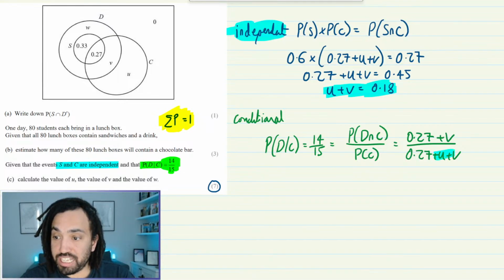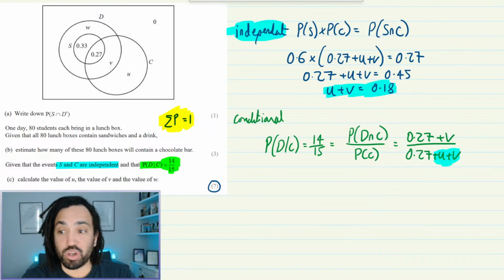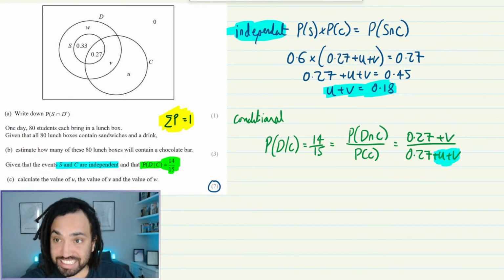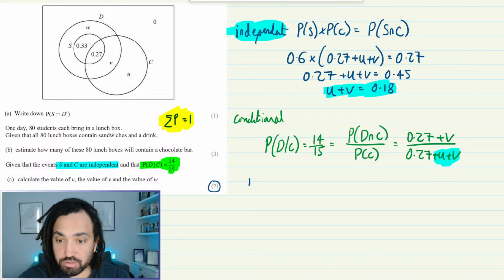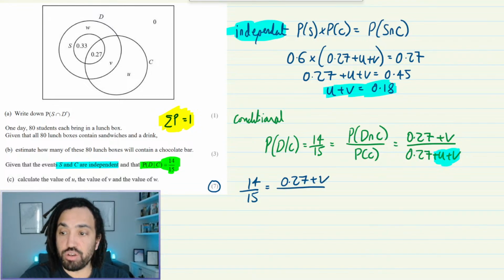And I've just spotted here that U plus V is down there, and I know exactly what U plus V is. So I can write 14 over 15 is equal to 0.27 plus V over 0.27 plus 0.18.